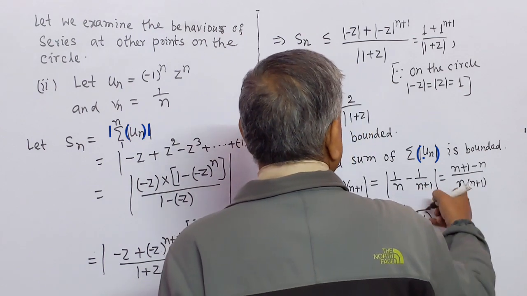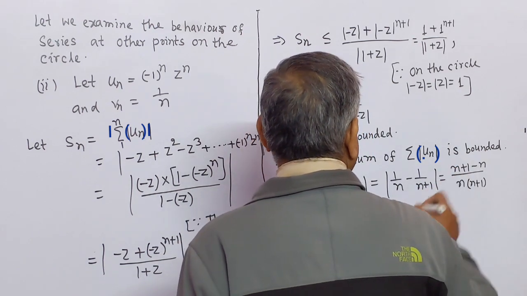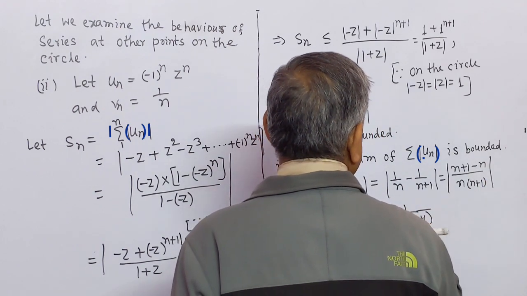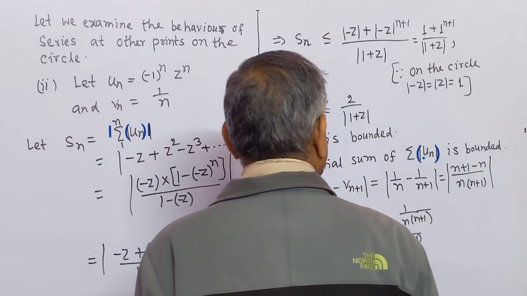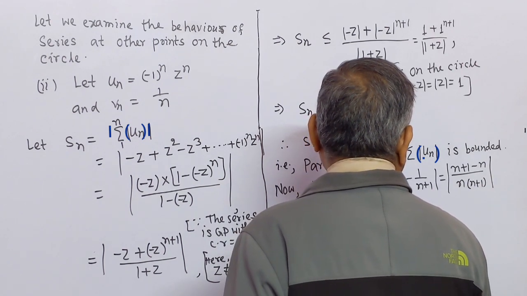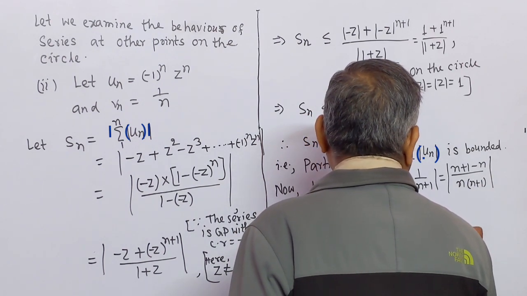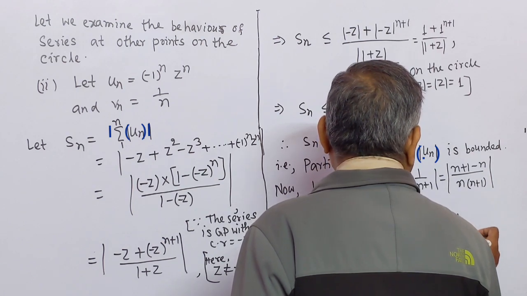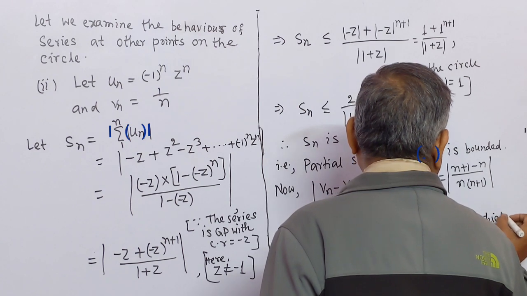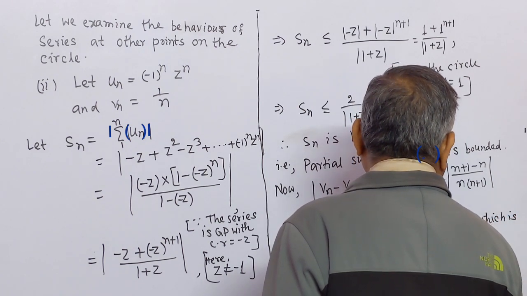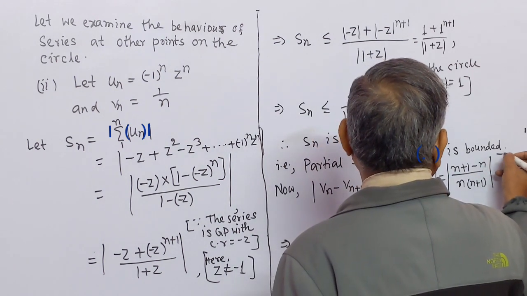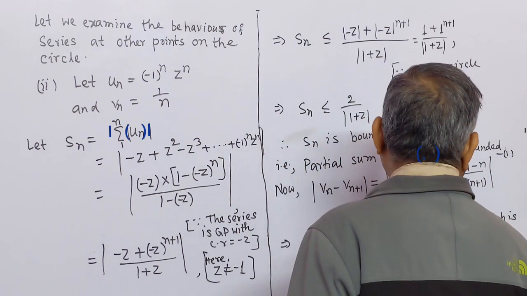Here there is no need to use modulus because n is a non-negative number, and this is less than sigma 1 by n square, which is a convergent series. This is number 1, this is number 2.